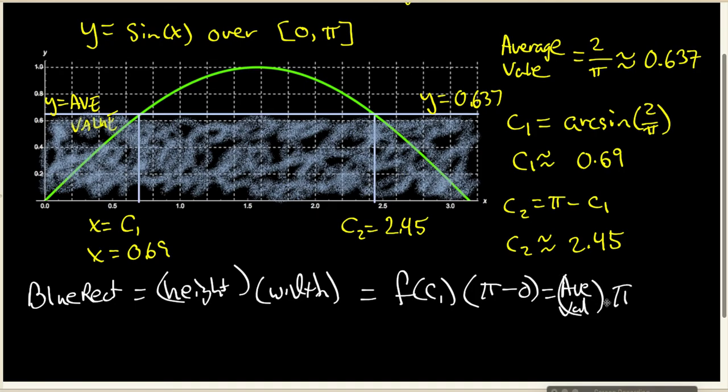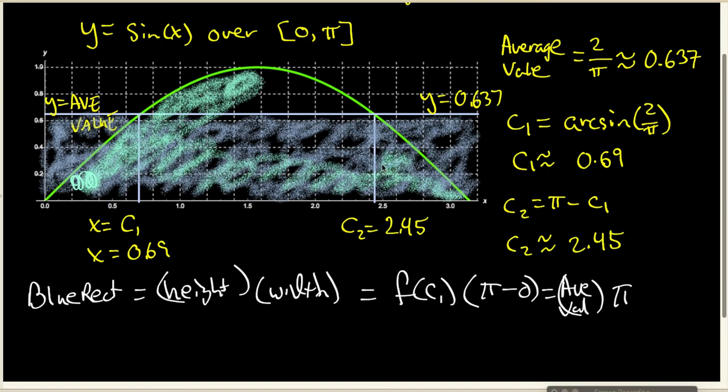times pi. And now I'm going to color the stuff underneath the sine curve with a green crayon. So I've got this green area.